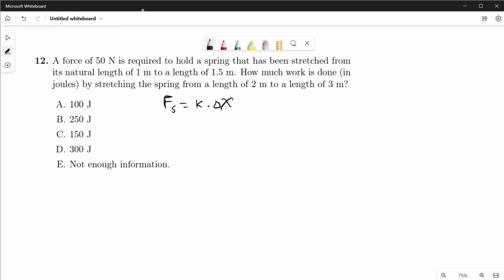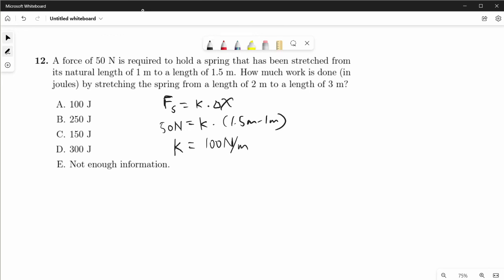We don't have the spring constant here, so let's calculate it. We have 50 Newtons, and the length change is 1.5 meters minus 1 meter. So the spring constant is 50 divided by 0.5, which is 100 Newtons per meter.